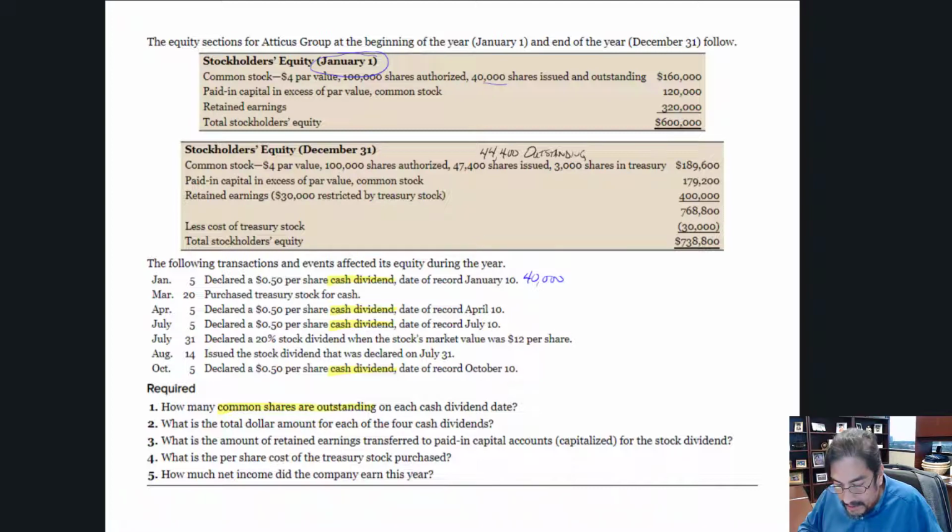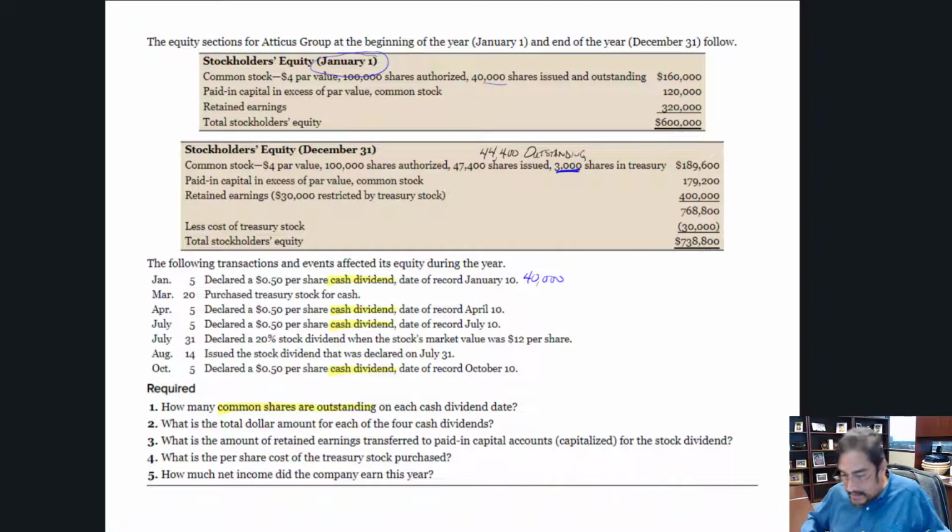April 5th is cash dividend, July 5th is cash dividend, July 31st is stock dividend, August 14th is when we paid the stock, and then another cash dividend on October 5th. So all we did was buy back some treasury stock. That's it. One time, bought back treasury stock. We didn't buy any more later during the year. We didn't sell any of it during the year. So then at the end of the year, we can see that 3,000 shares are in treasury stock. So that's what we bought back on March 20th.